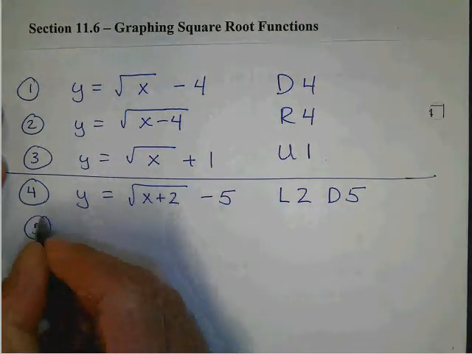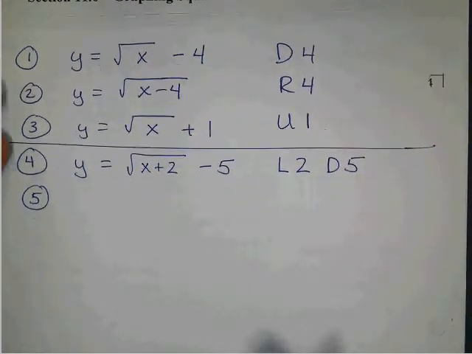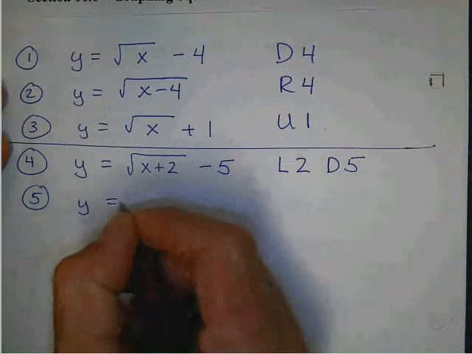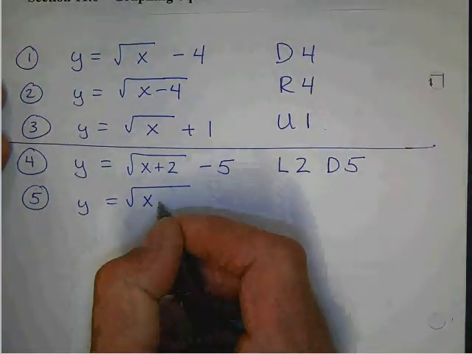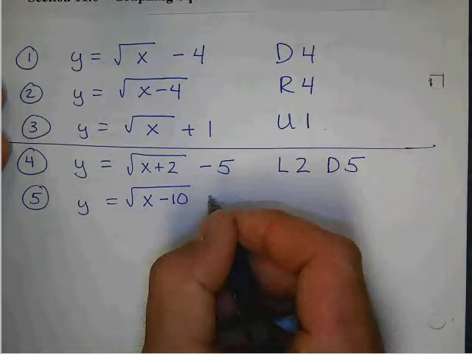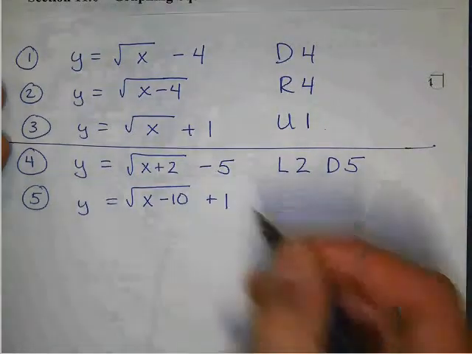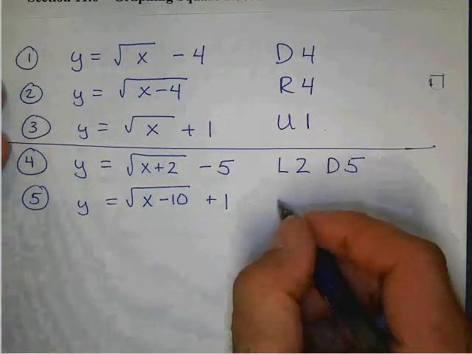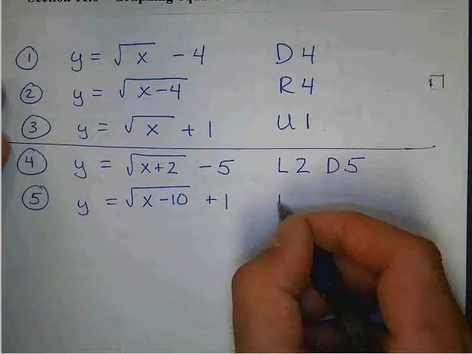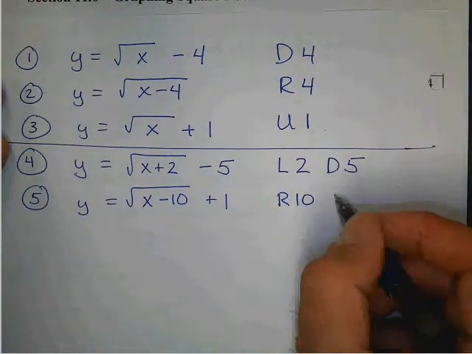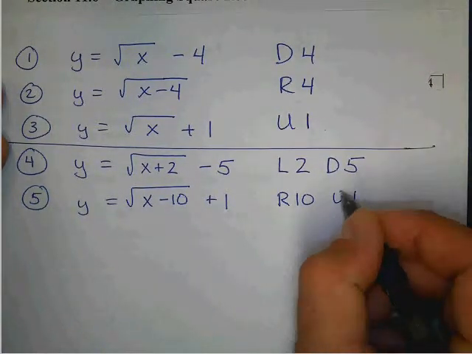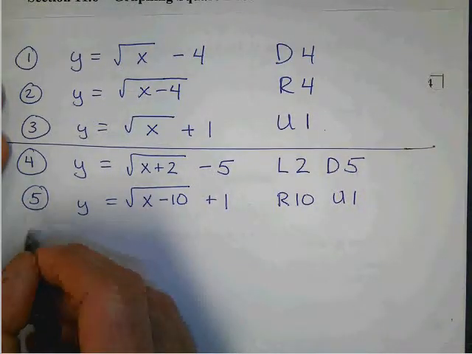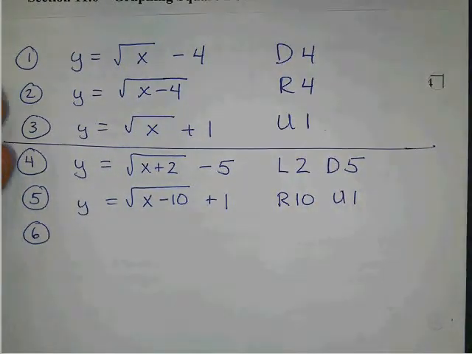Nice job, Zach. Who wants to go next? All right, Grace, you're up. Y equals the square root of x minus 10 plus 1. No, wait, to the right. Nice. 10. Good. Up 1. Excellent job. All right, who's going next?